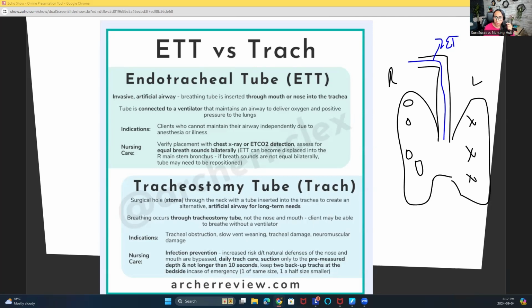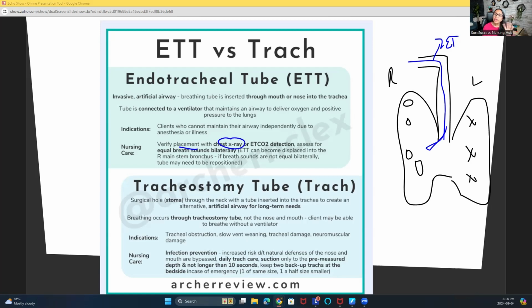After the ET tube, if the sound is only on the right side, it's not placed right. Yes, it is displaced to the right side. So always make sure to verify the placement with X-rays.